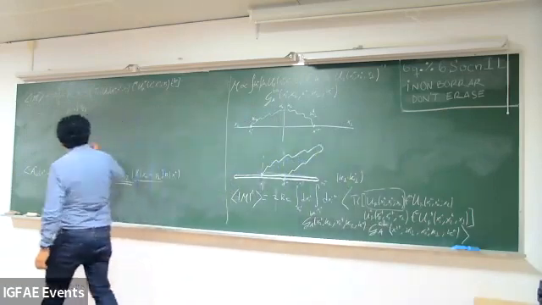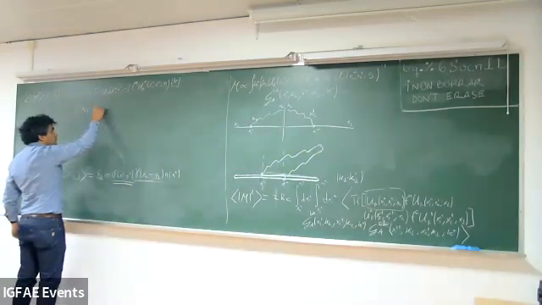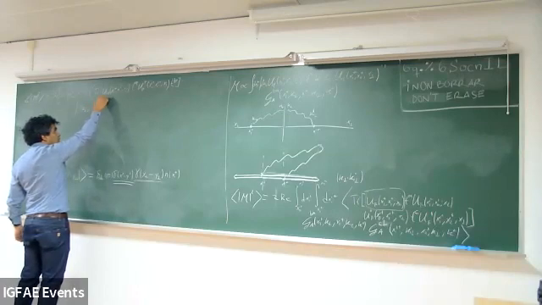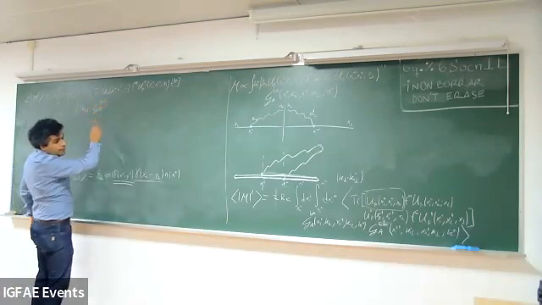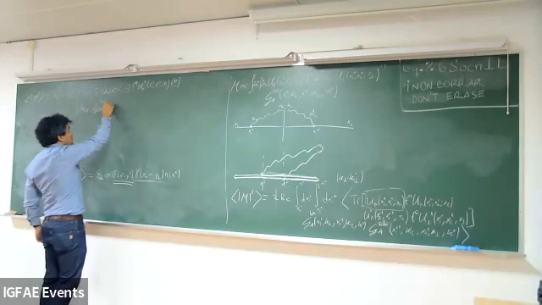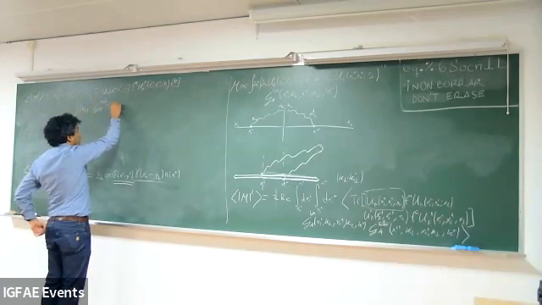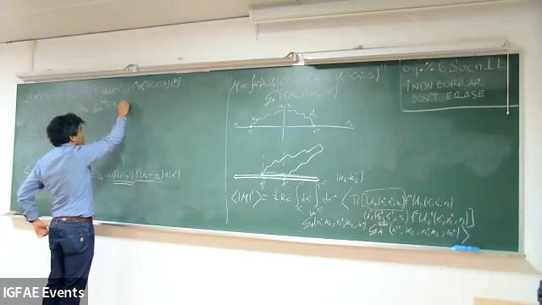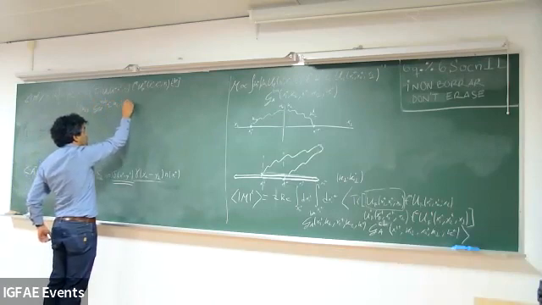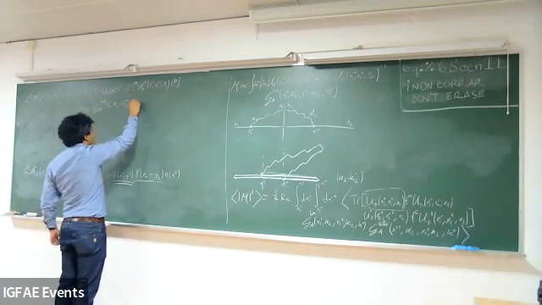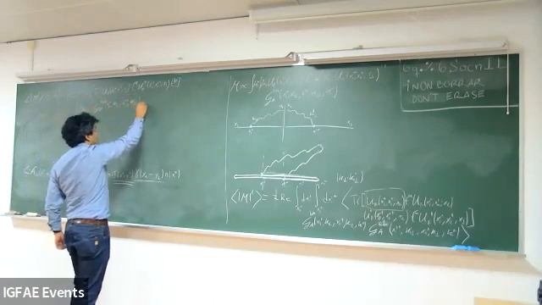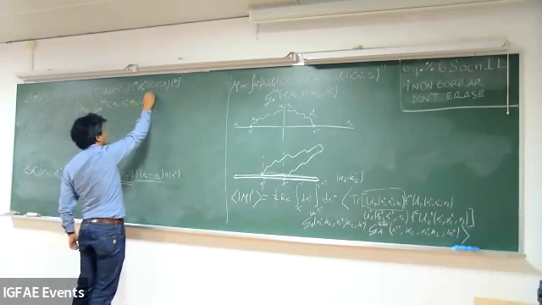So propagate the propagator B, which has a different color, x1 prime plus. Okay.